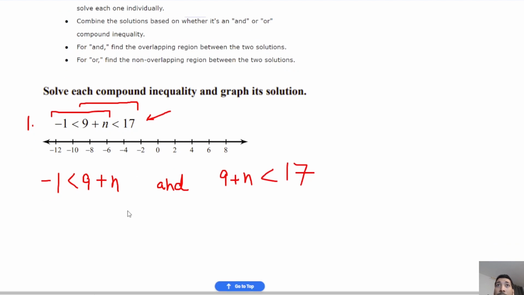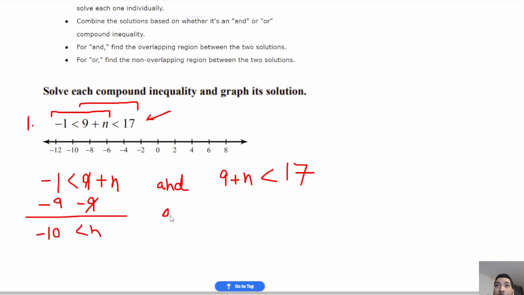So now the next part is we solve each of these variable. So in this case, here we need to remove this 9, so we subtract 9 from both sides. If we subtract 9, we have -1 minus 9, that is -10, less than n.